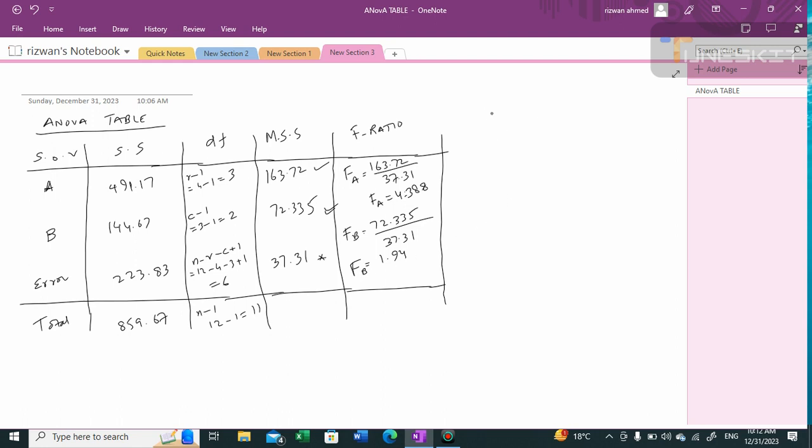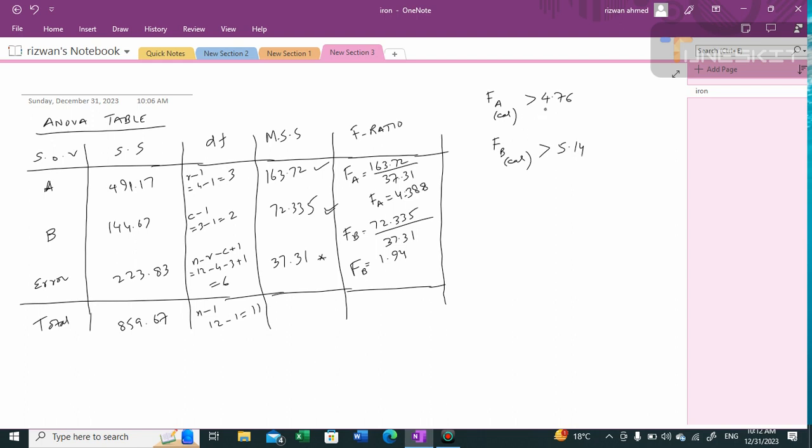Now if we consider F decision criterion, for factor A H0 would be rejected if FA calculated would exceed 4.76, and for factor B calculated if it exceeds 5.14, then H0 would be rejected.